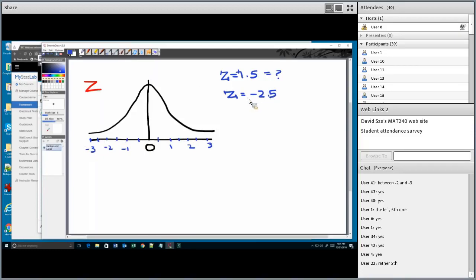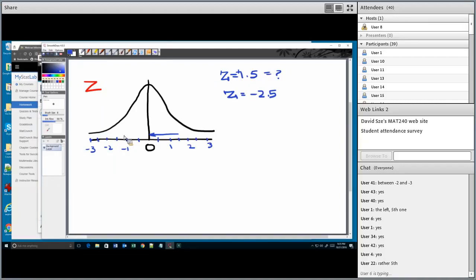And you were able to distinguish, even though you probably didn't realize, that plus 1.5, which is 1.5 units to the right of the mean, is closer to the center line than minus 2.5, which is much further away, right?